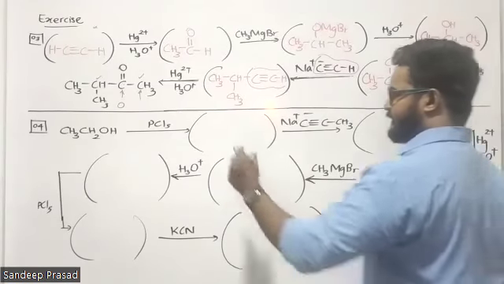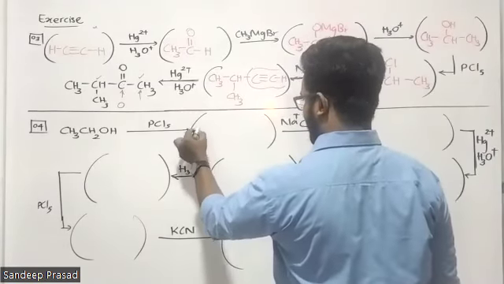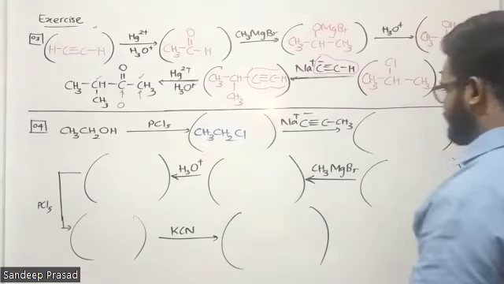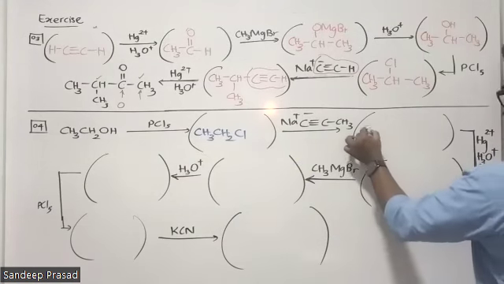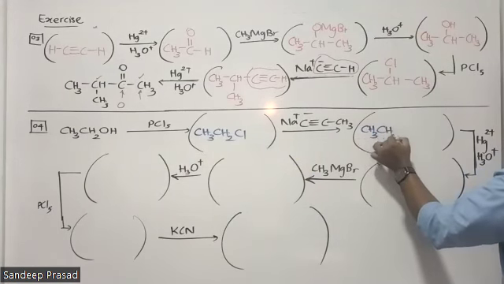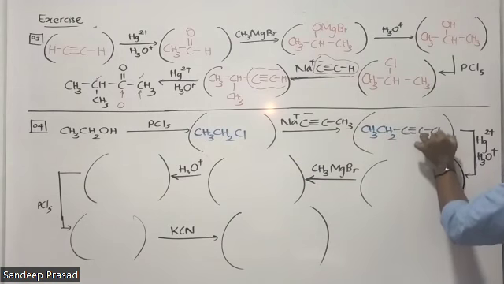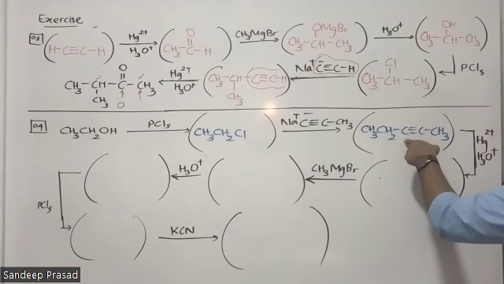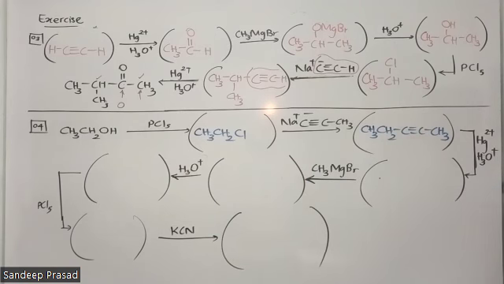So the fourth one is PCl5 is added for the ethanol, CH3CH2Cl. And sodium derivative is added. So therefore, CH3CH2, C triple bond C, CH3. Mercuric cation in the presence of H3O plus. So we know that actually both the carbon atoms are not containing hydrogens.